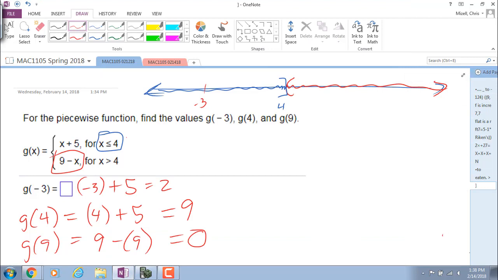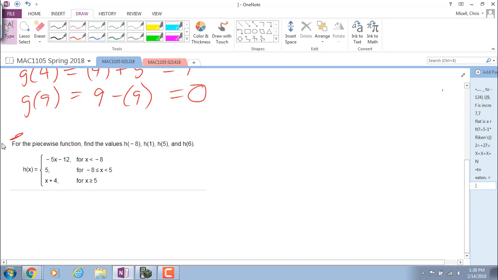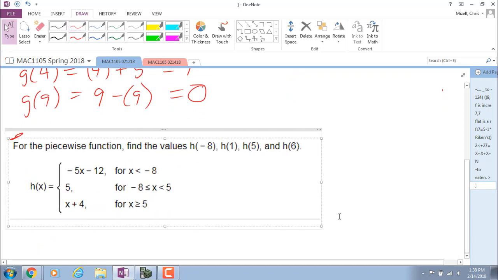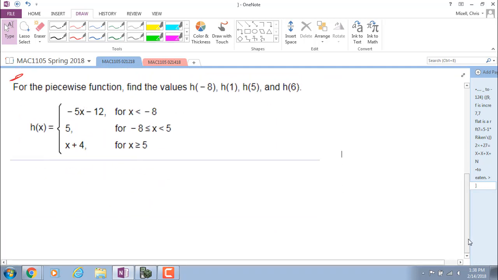Maybe I won't take the time to check each of these with MyMathlab, but I think we can do this. H of -8. Into which of the 3 pieces does the -8 fall? Is -8 less than -8? Don't think so.